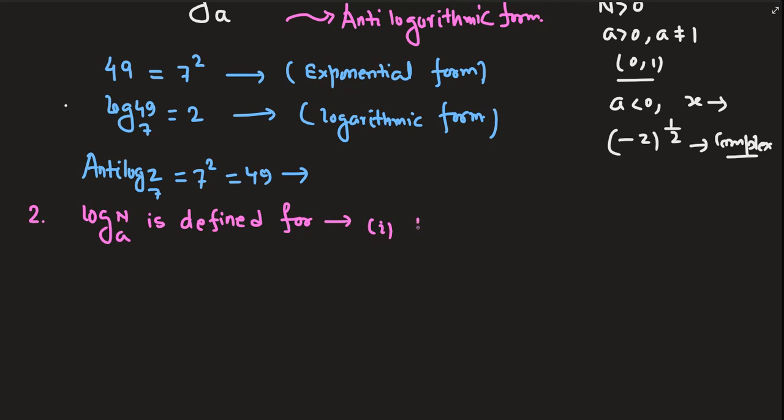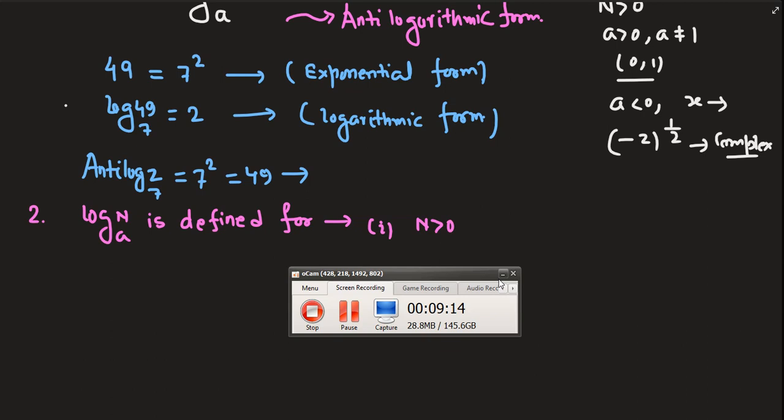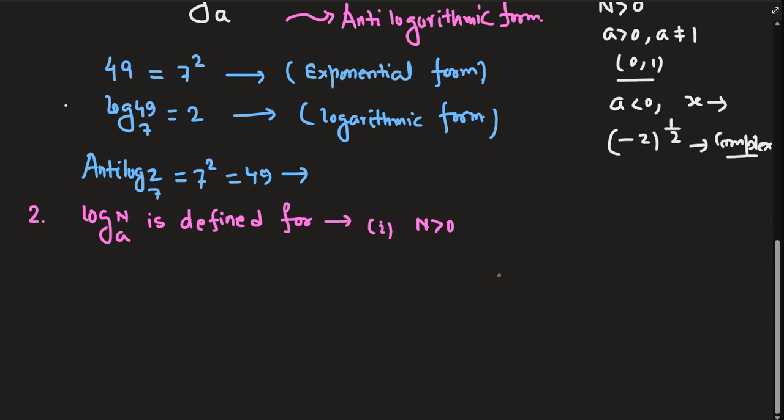Number one, n should be positive, so the first condition is n should be greater than 0. Second condition, the restriction on the base: a should be greater than 0. Third, a is not equal to 1. When these three conditions are satisfied simultaneously, then log n base a will be defined.